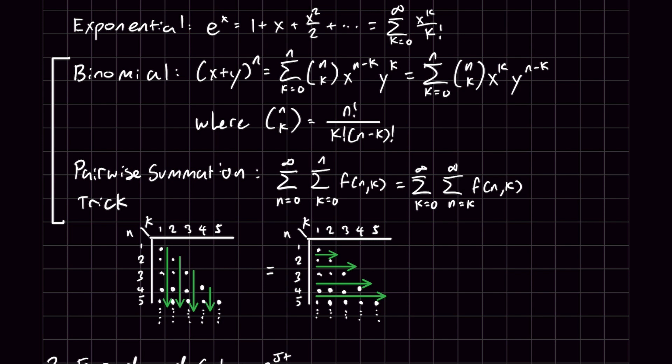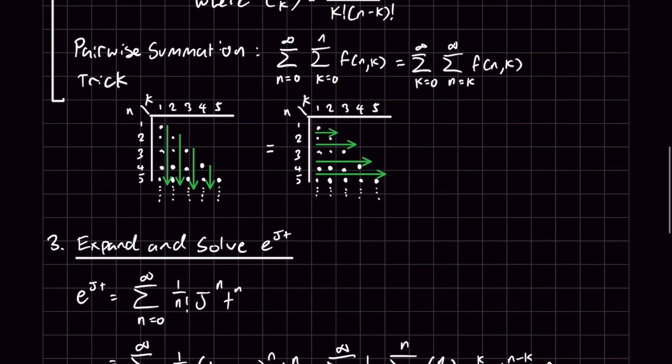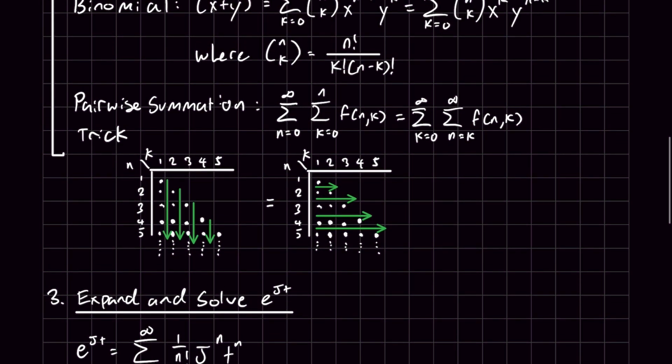This is a big problem of its own. But in essence, you can see it from this picture. You have the sum to infinity from n, and then k is going to be from 0 to n. But this is basically the same, except you're looking sideways now, and it's going to be the sum from k to infinity, and then n is going to be from k to infinity.